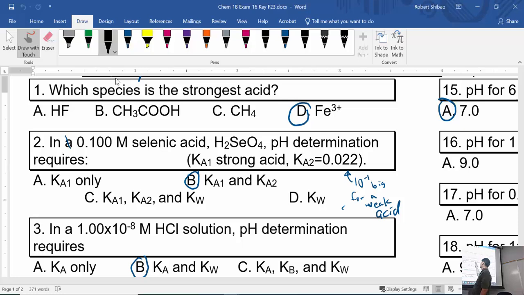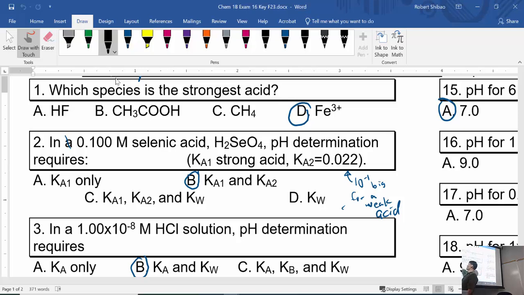For selenic acid, it's even bigger at 0.022. And so when we look at how much hydronium comes from step 2, it's significant. About 10% of the hydronium in sulfuric acid comes from step 2. And so selenic should be about comparable, around 10 plus percent should come from step 2.